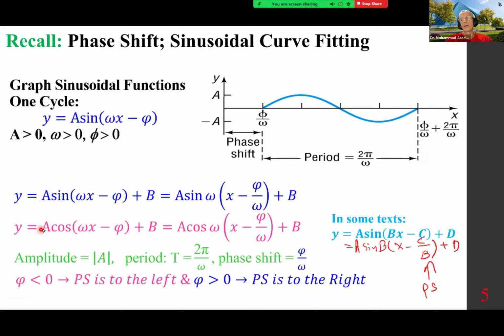Okay. Assuming c and b are positive, minus c over b takes it to the right by this much. If it's plus c over b, it takes it to the left by that.